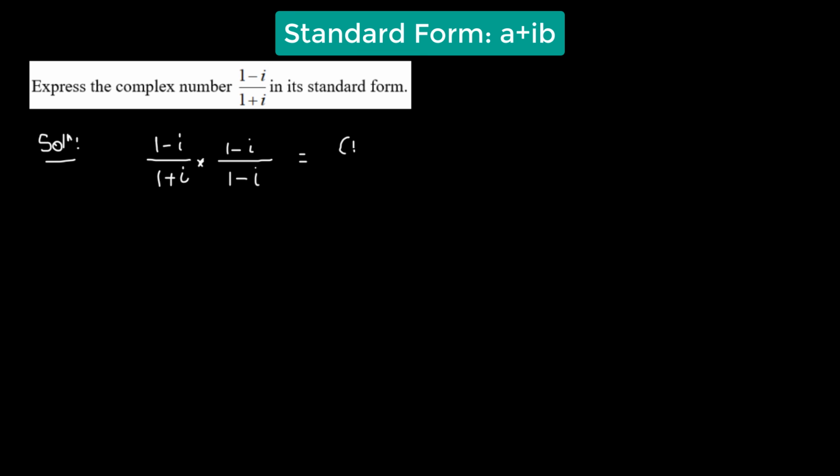So we have (1 minus i) whole squared in the numerator, divided by 1 squared minus i squared in the denominator. Now we expand the numerator using the identity (a minus b) whole squared, which is 1 minus 2i plus i squared, divided by 1 plus 1, which is equal to 1 minus 2i, i squared is negative 1, divided by 2.